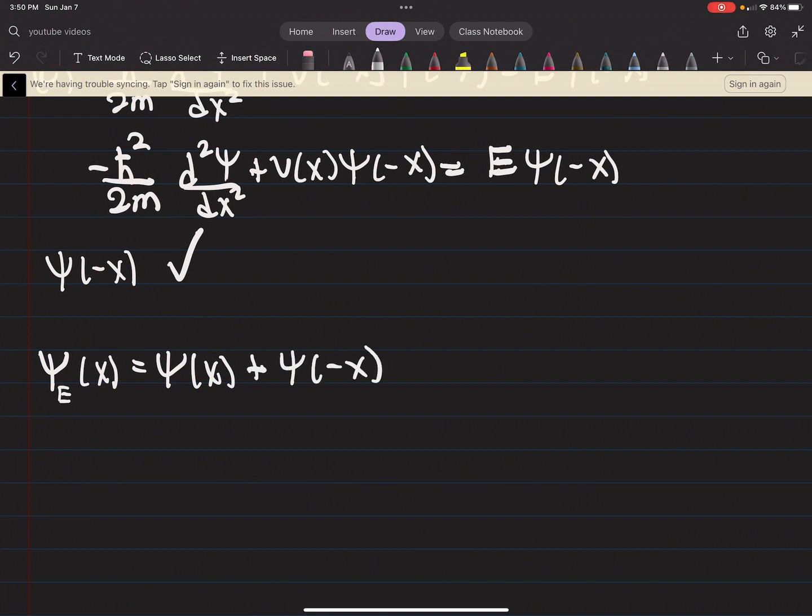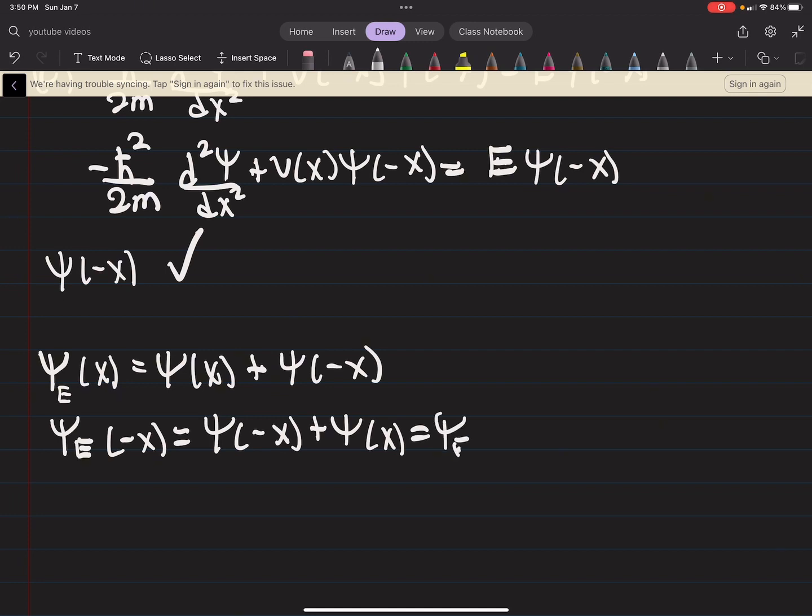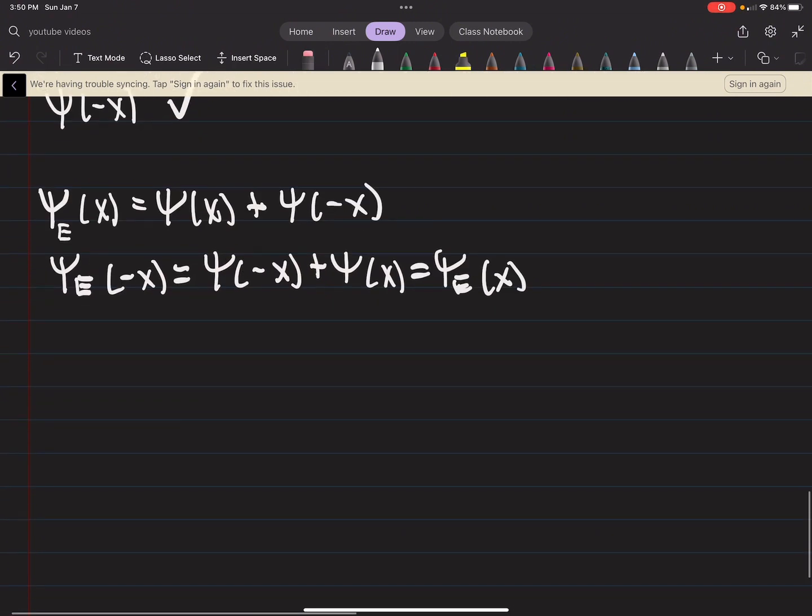And I call that even because it is even. If you were to replace x with minus x, it is just what we're calling psi e of x. Okay? And by that same logic, we can define an odd function.